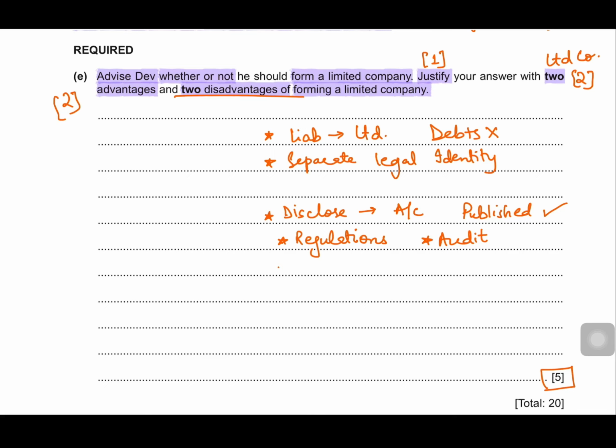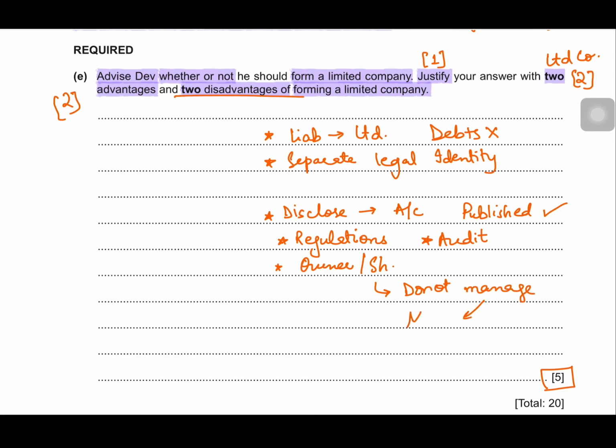One more point which you can write as a disadvantage is that right now he is the sole owner of his business, but if he converts this business into a limited liability company, he will now become the owner, that means the shareholder, and we know that the shareholders do not manage the day-to-day affairs of the company.